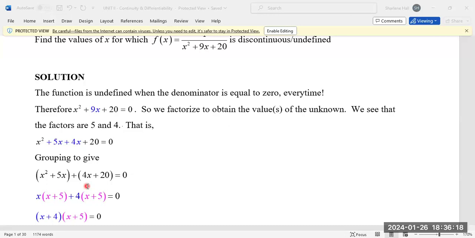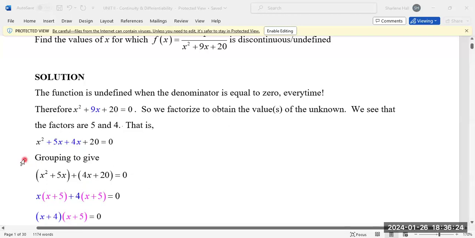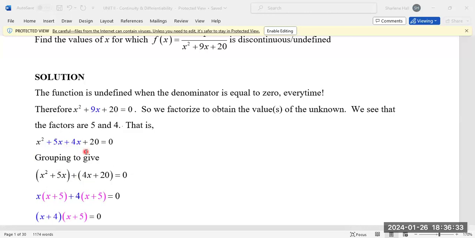I need an even number of terms. So when I break it up, I'm going to get 5x plus 4x. Then you say to me, sir, I see you put the bigger number first. Does it matter? It really doesn't. If I'd written 4x first before the 5x, I would still get the same answer.